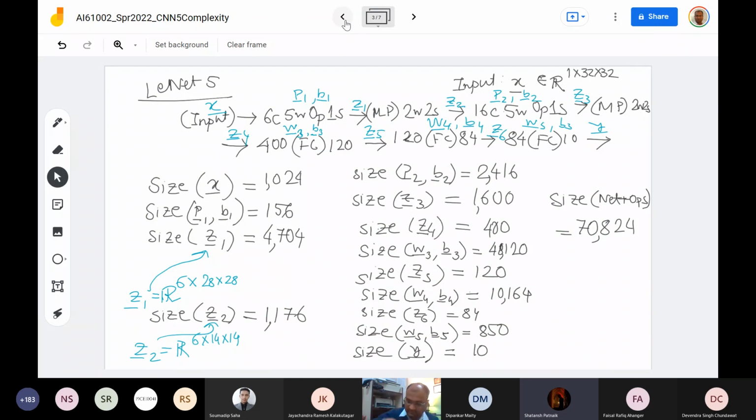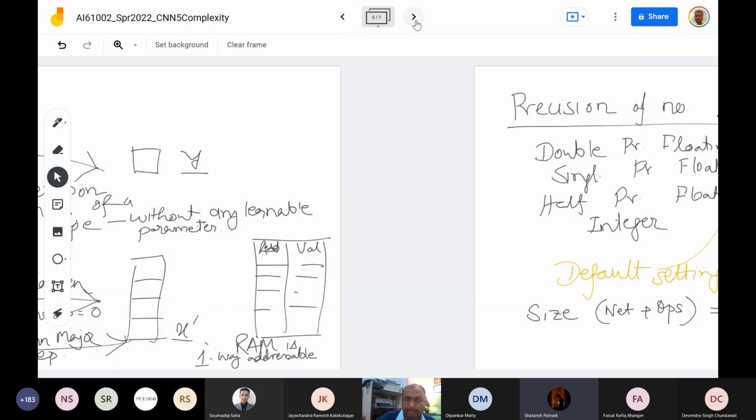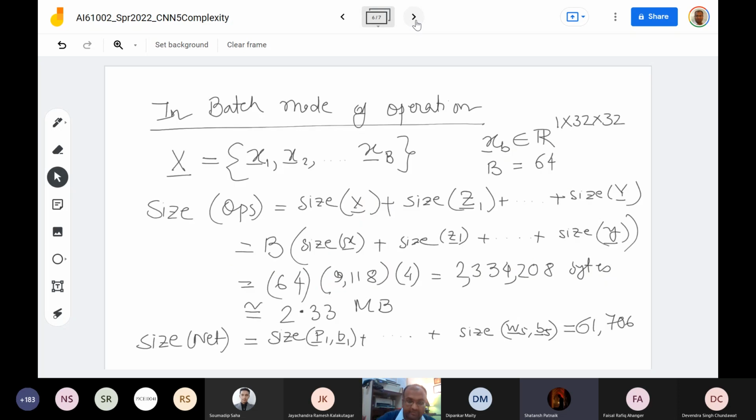This together is 61,706. And this into 4 bytes is equal to 246824, which is approximately equal to 0.25 MB.